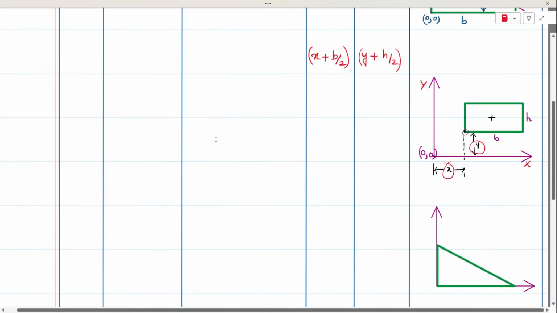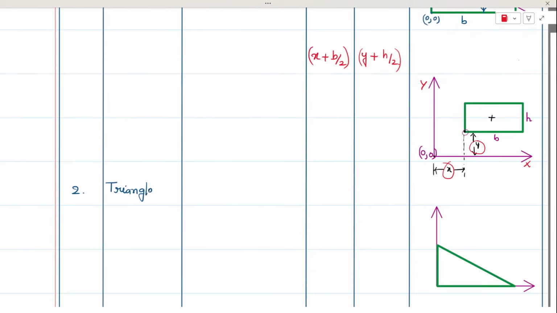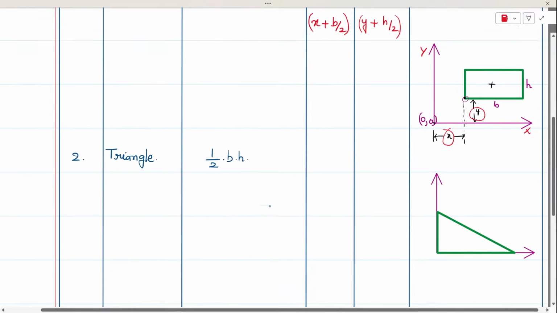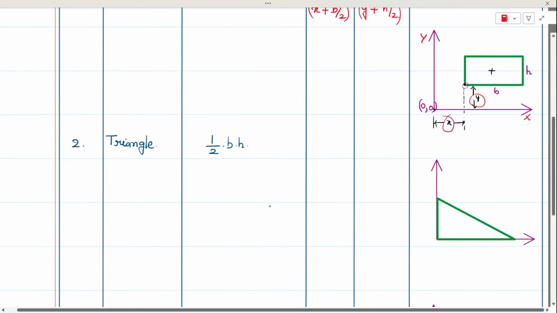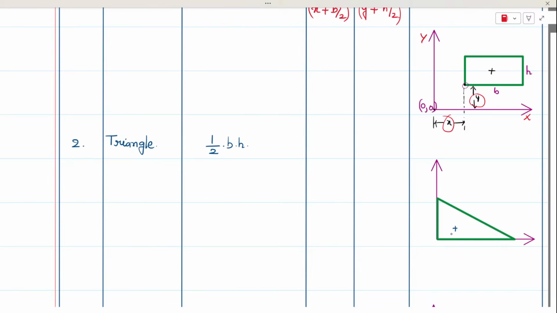Now moving to the next figure, that is the triangle. Area of the triangle is half base into height. Now here in the triangle, there are two things you have to remember. So where is the centroid expected to be?